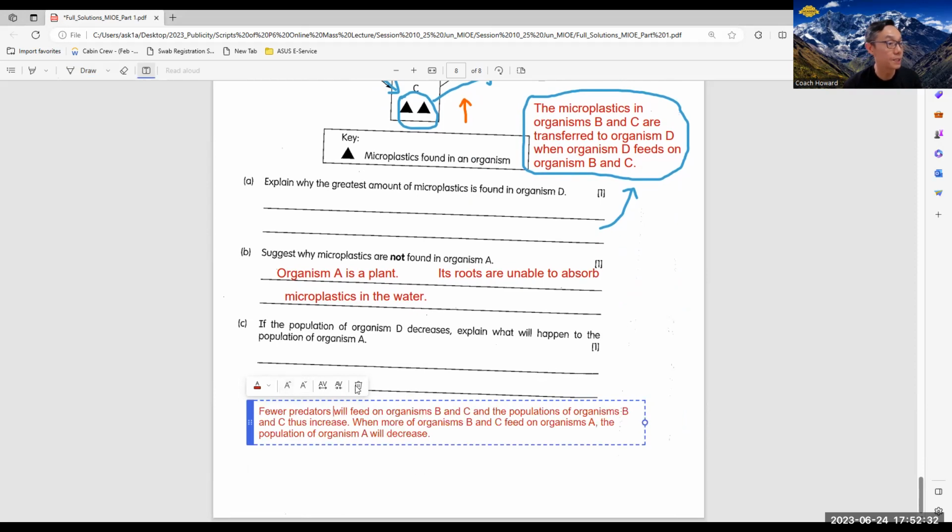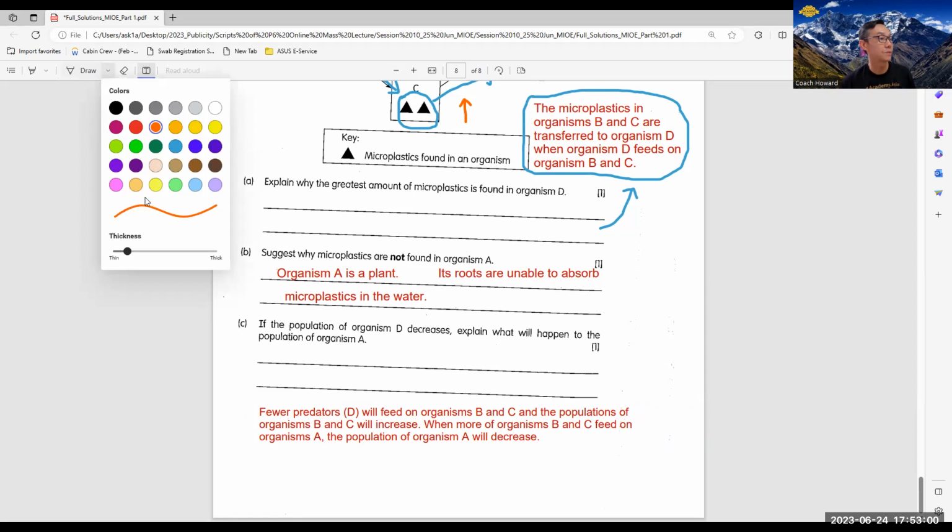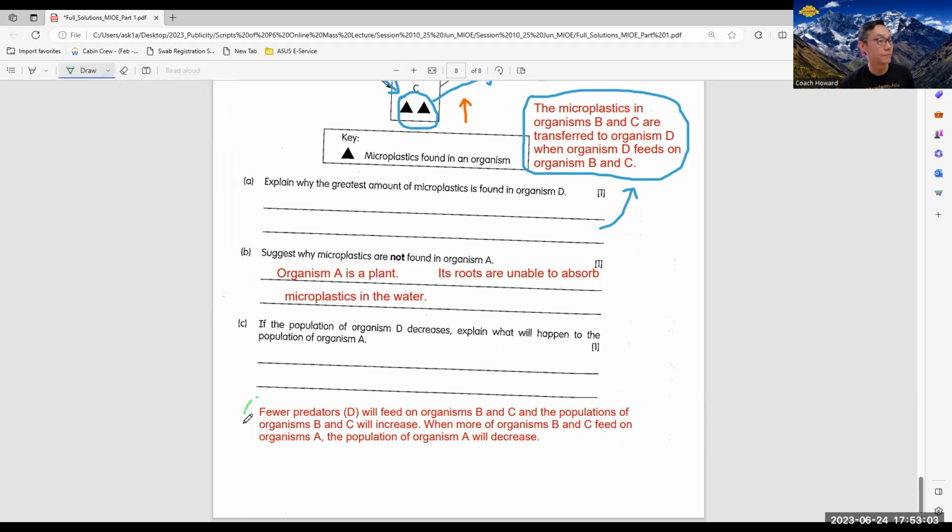Fewer predators D will feed on B and C, and thus the population of organism B and C will increase. When more organism B and C feed on A, the population of organism A will decrease. Okay, so this is for this part.